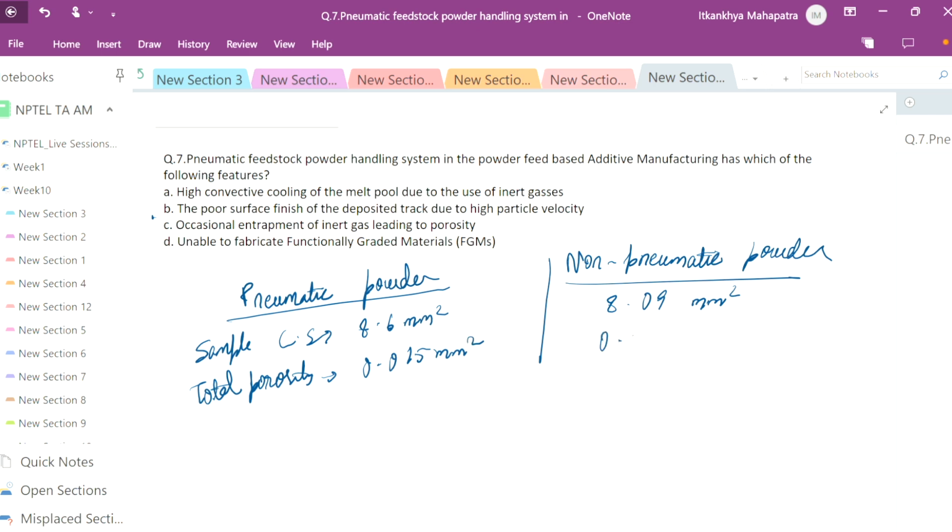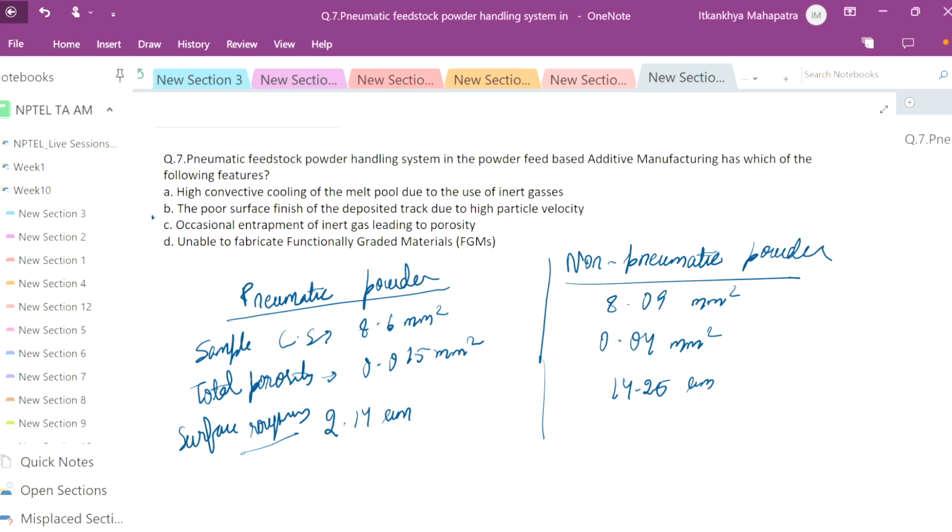For this it will be 0.04 mm square. Surface roughness for this will be 2.14 micrometer. This will be 14.25 micrometer. This is according to data by researcher Wang et al., published in 2011.